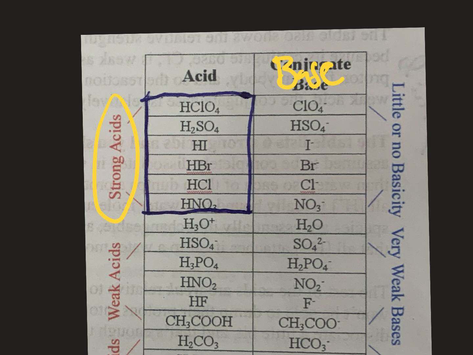What about sulfate? Is sulfate soluble? There are a few exceptions, but it's soluble, right? Iodine, bromine, chlorine, those guys are soluble. There are some exceptions, but they're soluble for the most part, right? And nitrate is also soluble. That one has no exceptions, right? That's why these are our strong acids. So memorize those. Good?